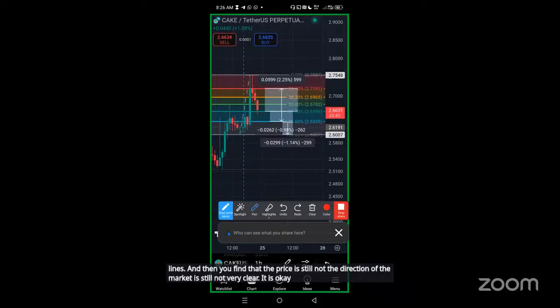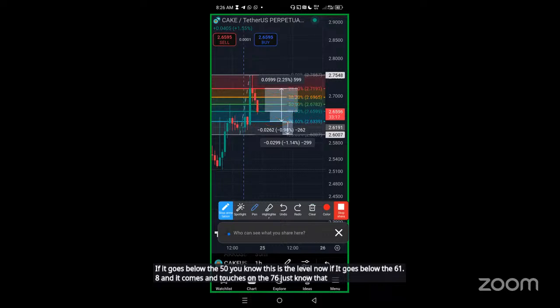Just leave it there. But the beauty is, through what is happening here, you are at least very certain that if it has gone below the 38, you know this will be the level. If it goes below the 50, you know this is the level.